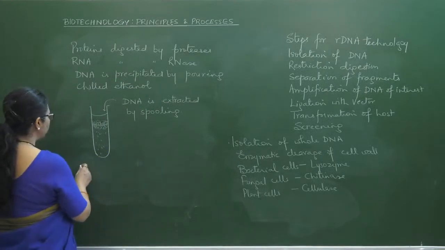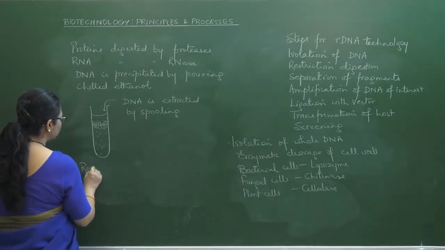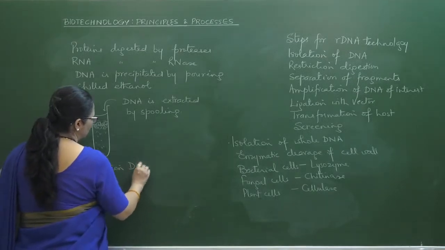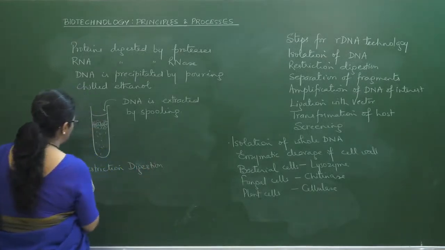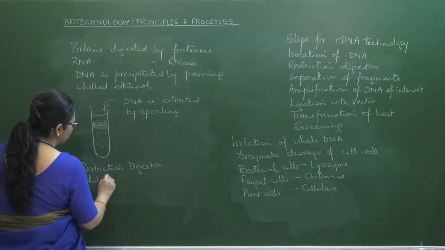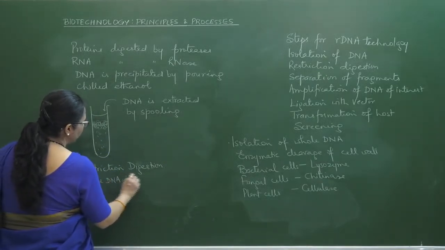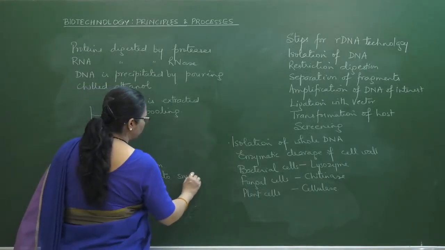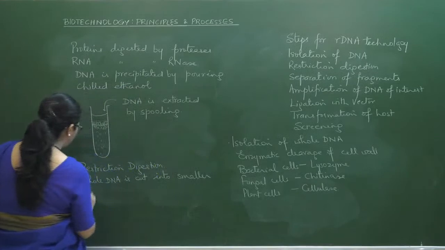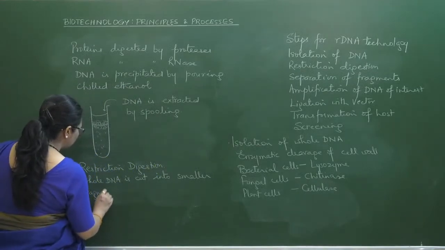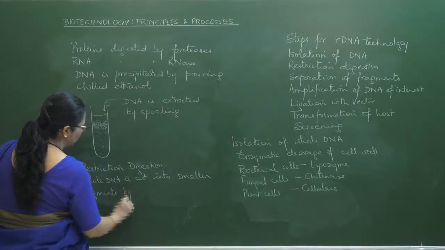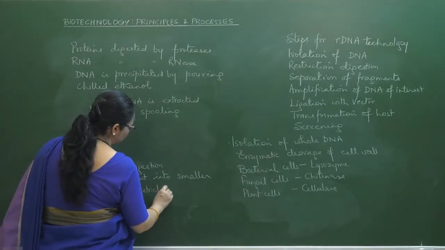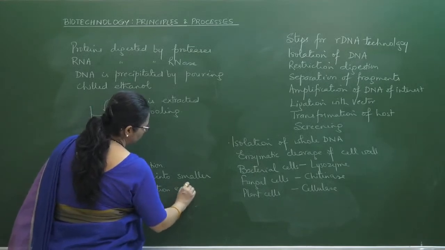So the second step is restriction digestion. Here the whole DNA is cut into smaller fragments by restriction enzyme.